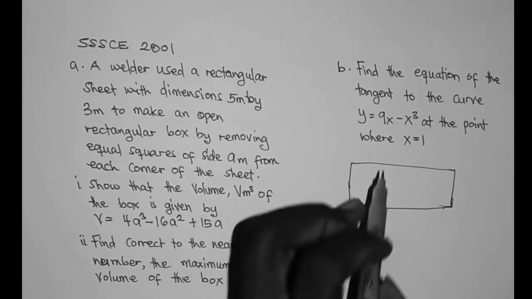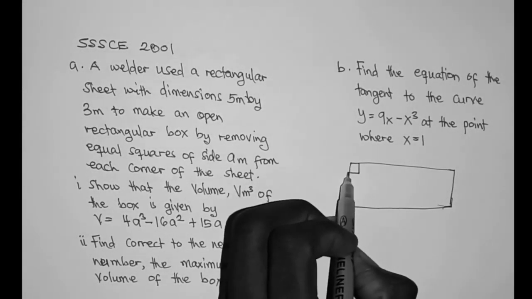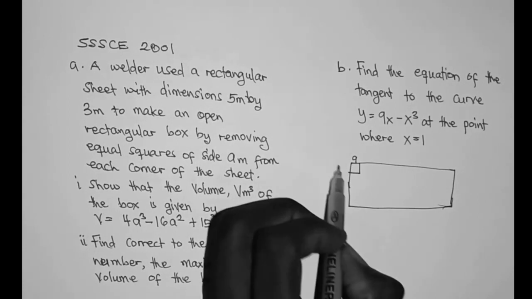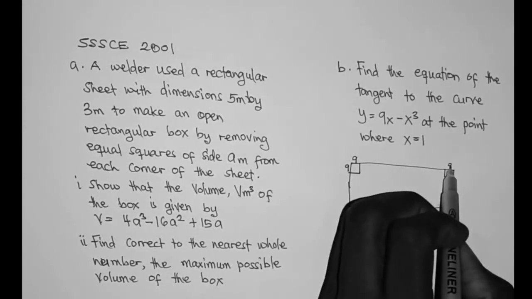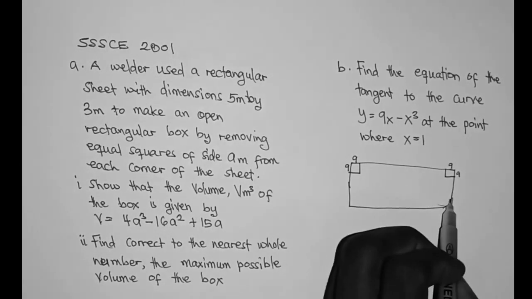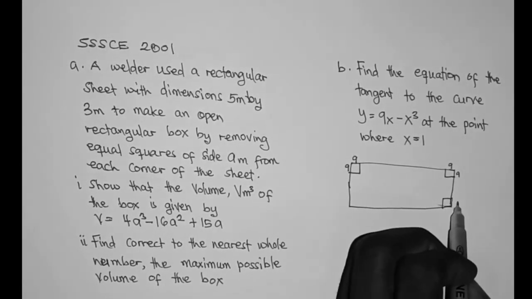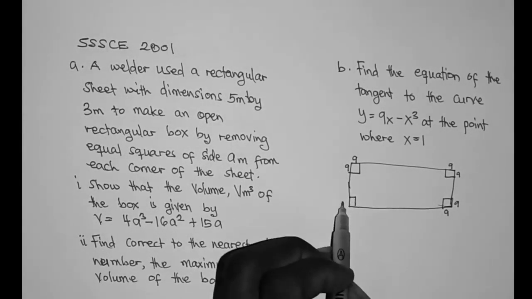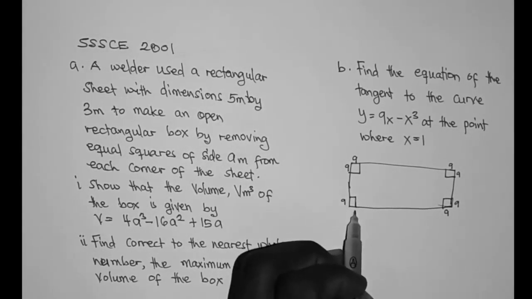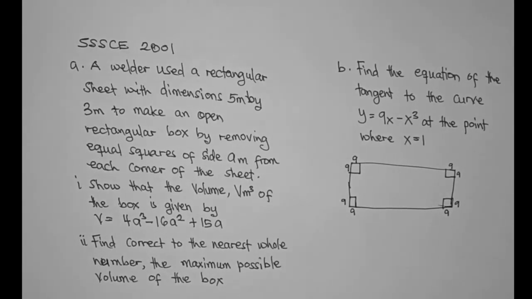So if you remove this from this corner, you remove A here and A here. Then we reference this corner, here's A, here's A. Then this corner, this is A, this is A. And then this corner, this is A and this is A. Please, this has not been drawn to scale. It's just a mere sketch.